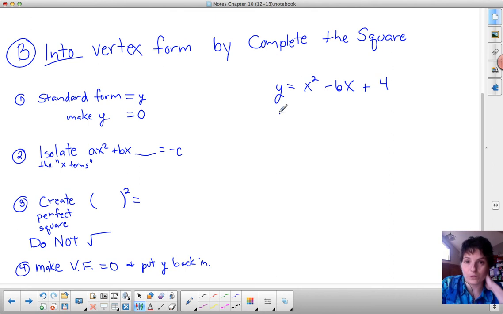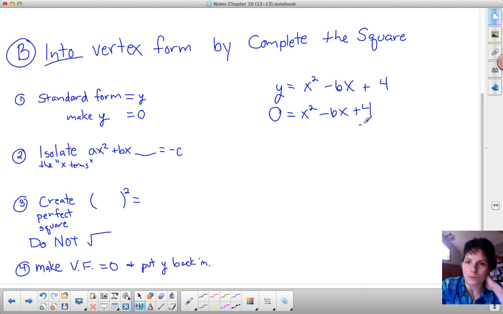So this first step of replacing the y with a 0 just makes it a little bit easier on our eyes. So 0 is equal to x squared minus 6x plus 4. Just like we did in complete the square, our next job is to take the constant and put it on the other side.